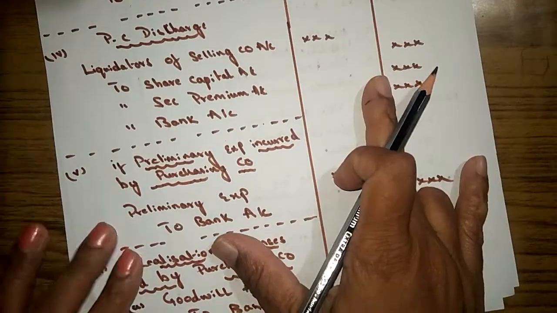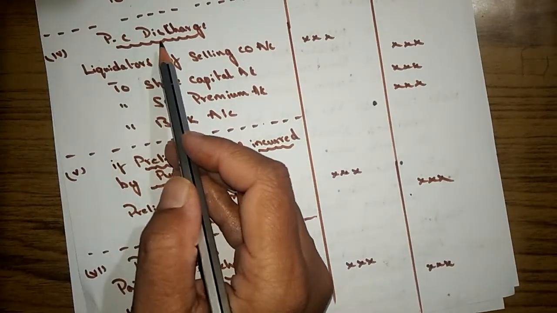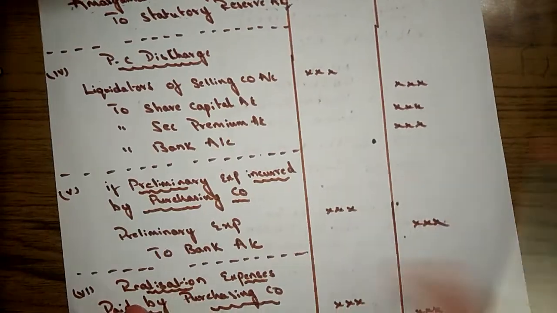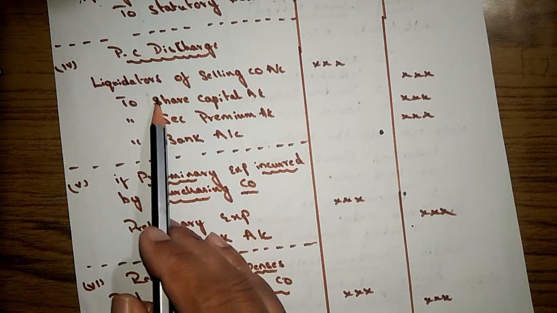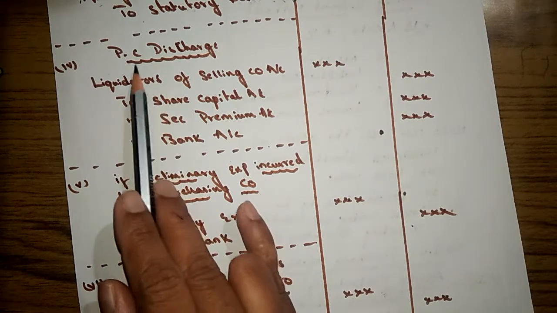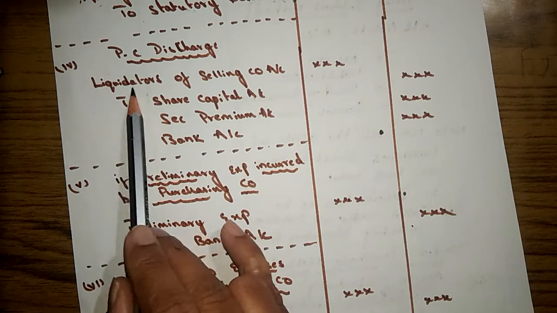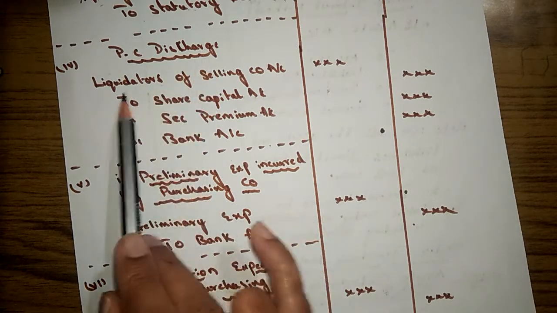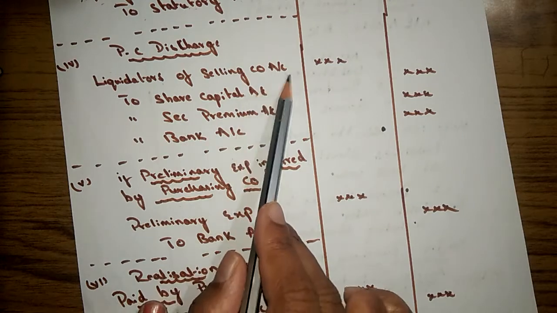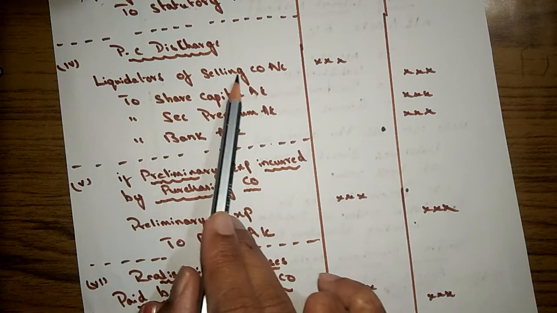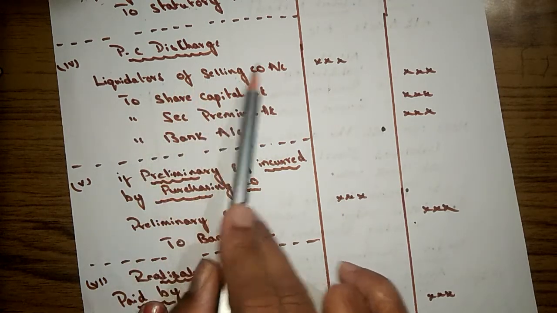Then the next entry, a discharge entry. The first entry was a due entry. The fourth entry is the liquidator's purchase consideration discharge entry. Again we are going to discharge the purchase consideration to the liquidator of the selling company, because he is an official person who is representing the selling company.